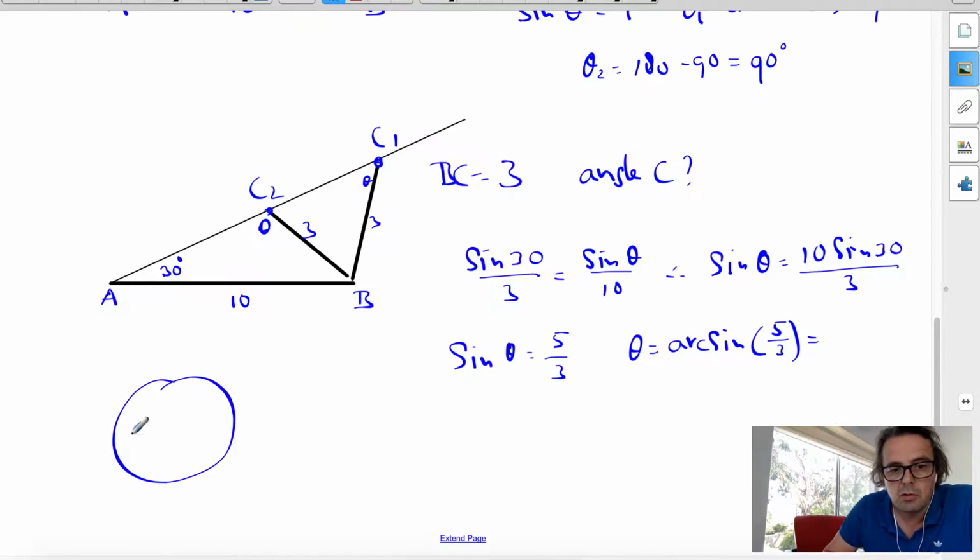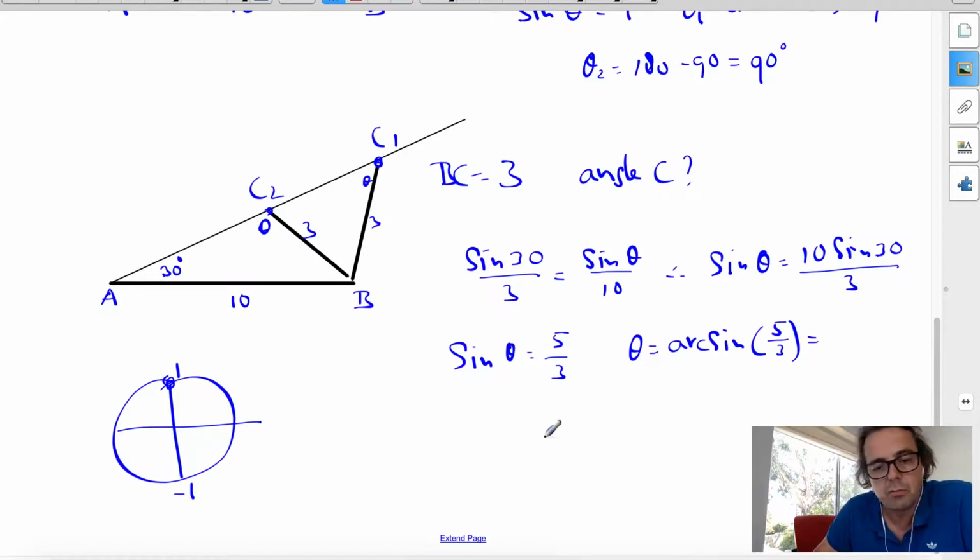Unit circle, the sine is 1 when it's here, 90 degrees, or -1 when it's there. It can't be bigger, it can't be smaller in the unit circle. So 5 over 3 is not possible. Therefore, there is no answer.